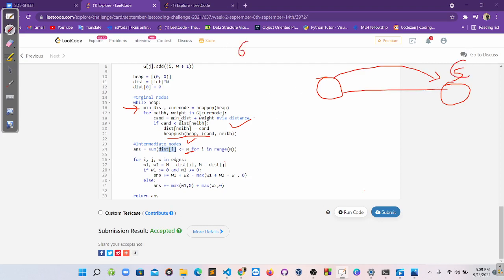So we calculated this distance of 5, and if for any node the maximum move is greater than or equal to that, we can consider it as part of my answer, right? And in that part, we simply explore the edges. And what is this used for? This is used for the intermediate part. What do you mean by intermediate part?